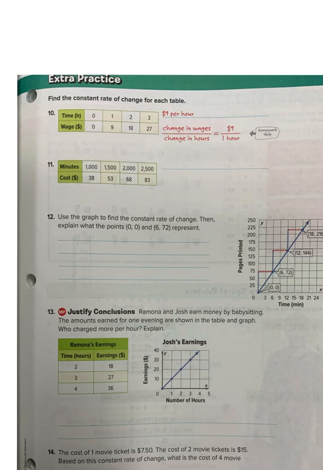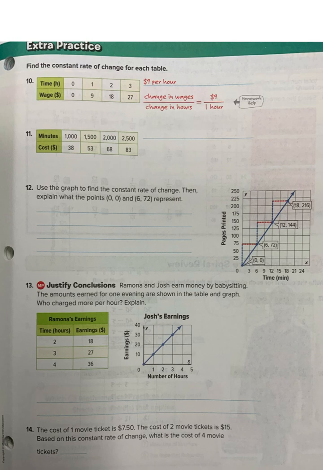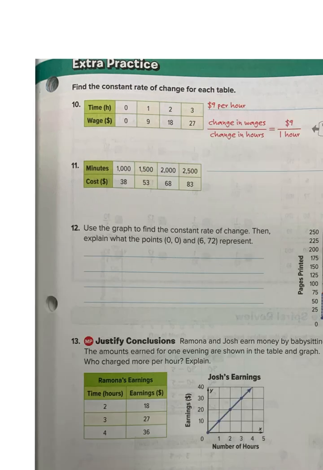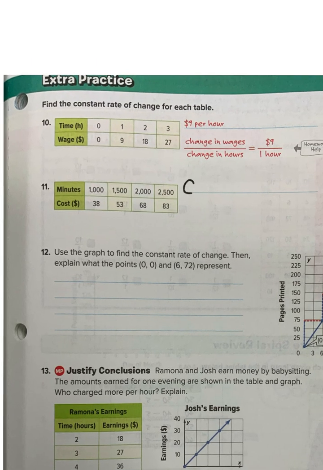For number 10 and 11, it's asking us to find the constant rate of change for each table. So number 10, they already solved for you. But for number 11, we're looking to find the cost per minute. I'm going to put the change in cost over the change in minutes.